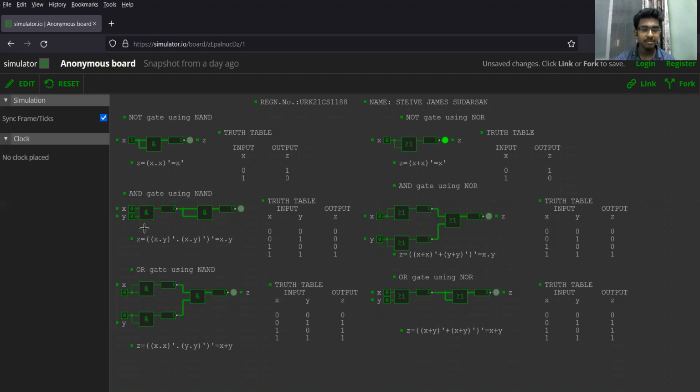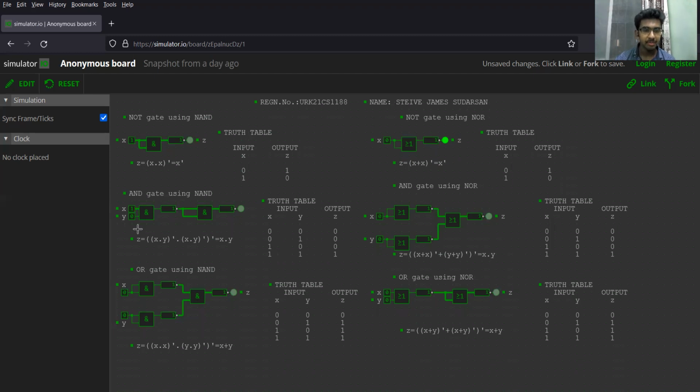Here we have two inputs and one output. In the case of 0 and 0, the bulb does not glow, which represents the value 0, and the output also comes under the lower value. If x is 1 and y is 0, then we are also not getting any high output. So 1 dot 0 is equal to 0, which is the AND multiplication process.